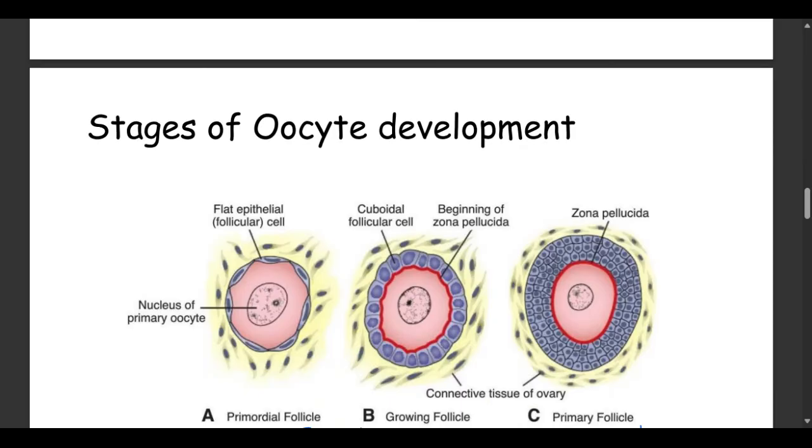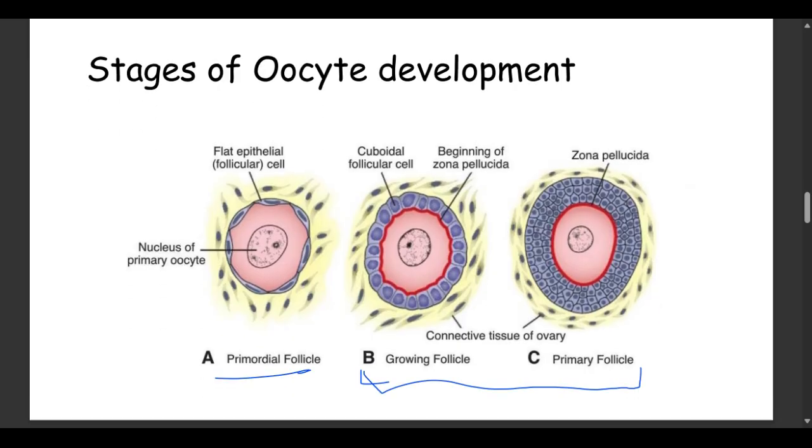So, the stages of oocyte development at puberty when you have resumed. We were resuming from prophase 1 of meiosis 1. Don't forget that part. At puberty, that arrest is lifted and it continues. All of these are now happening after puberty, B and C. So cuboidal follicular cells are now forming.